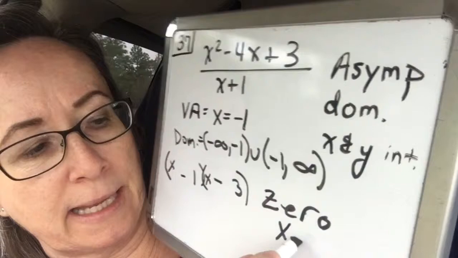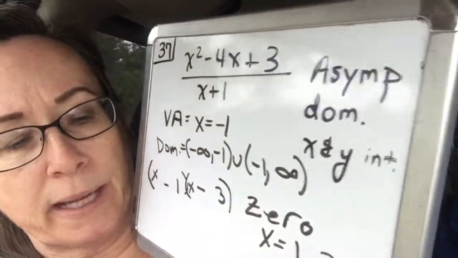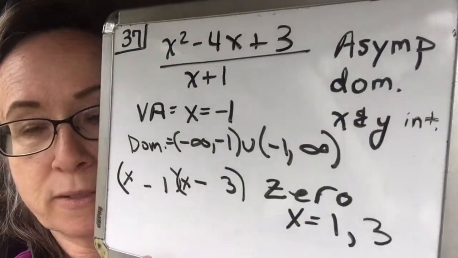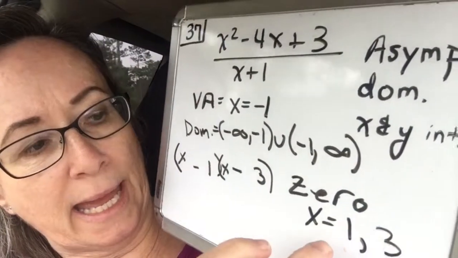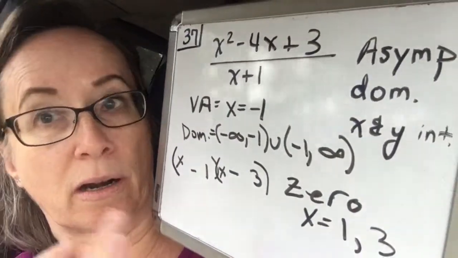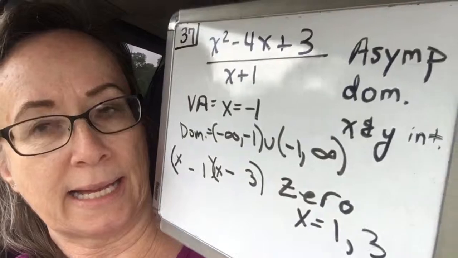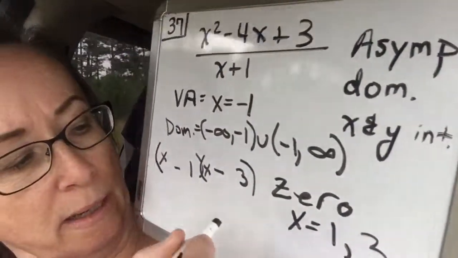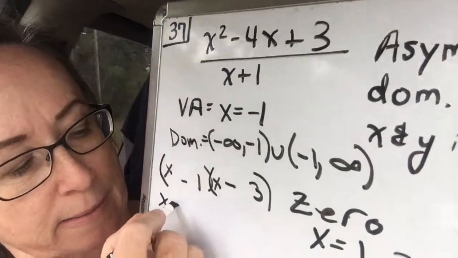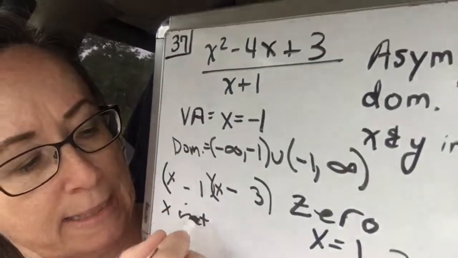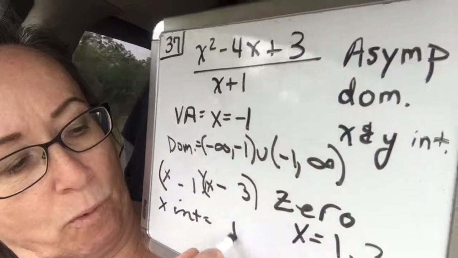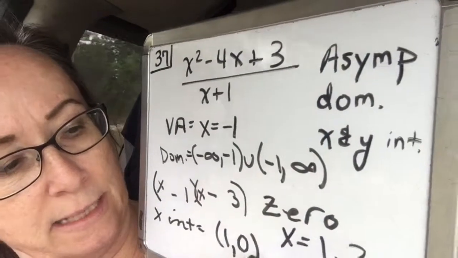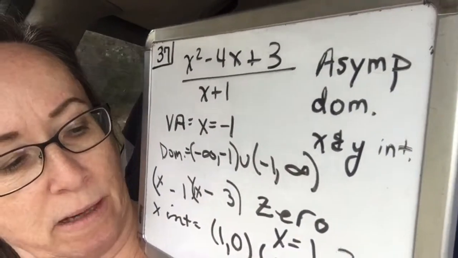Now remember that my zeros are also going to become my x-intercepts when I write them as points. So my x-intercepts are (1, 0) and (3, 0).